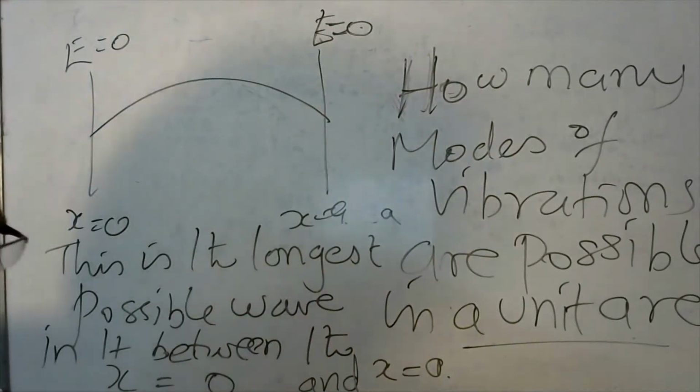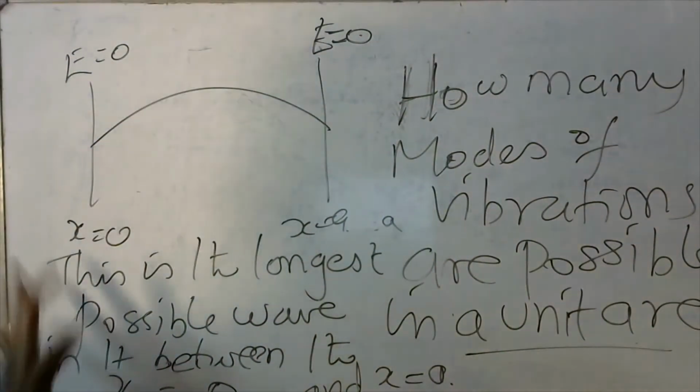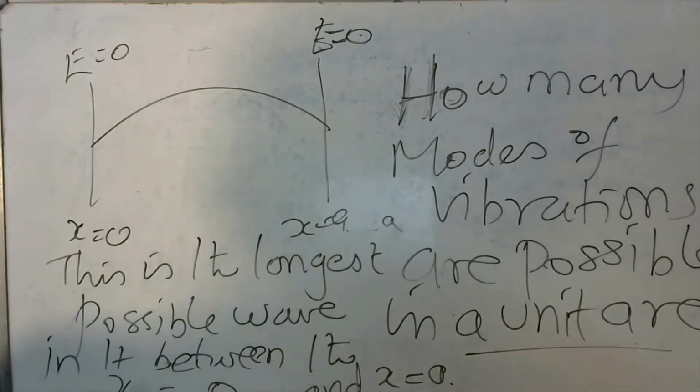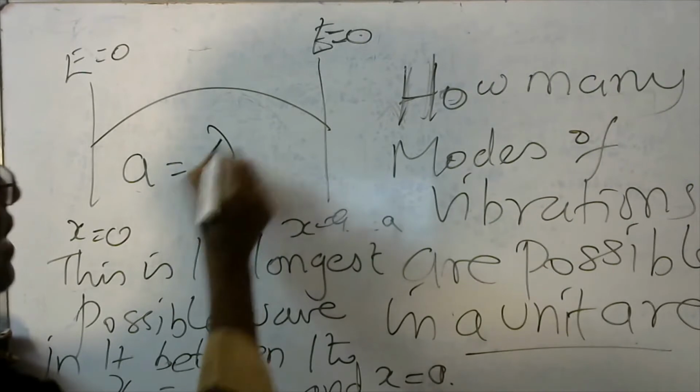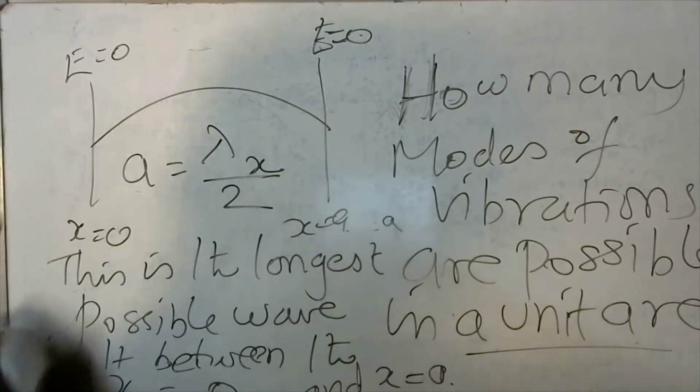So I can put it as an equation: a is equal to lambda x by 2.